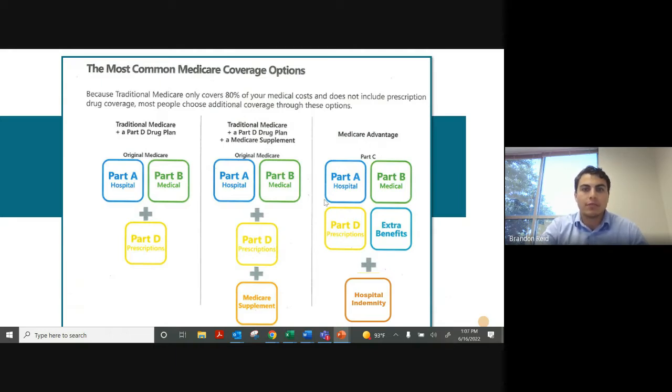With that Part B inflation going up from $148.50 to $170.10 this year, and increasing prices on Part D drug plans, as well as rate increases on Medicare supplements, Medicare Advantage is becoming a very popular option. We're all seeing that shift right now in the Medicare space.